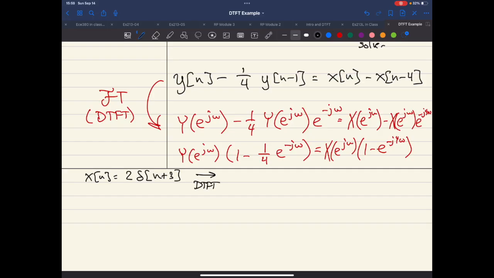By the power of the DTFT, we end up with, using our identities, positive 3j omega times 2. And we can go ahead and substitute this in directly, all right? What that's going to do for us is now we have just one variable we're really solving for.